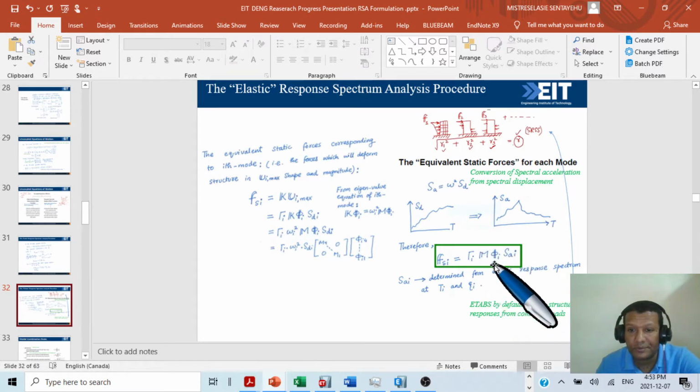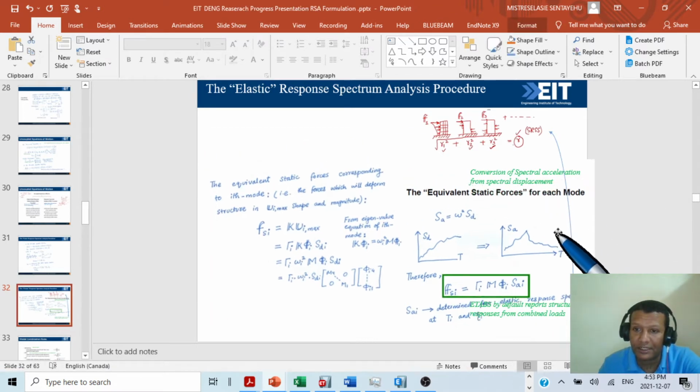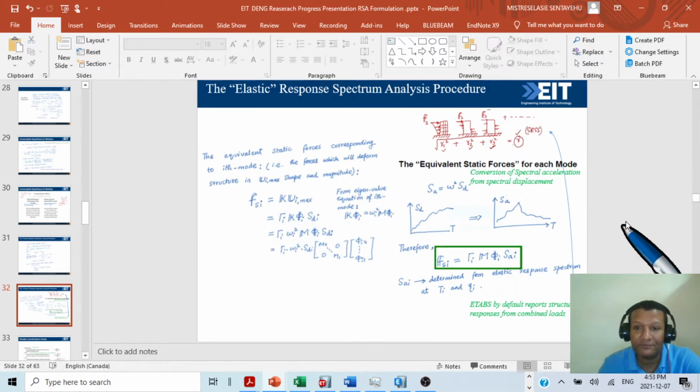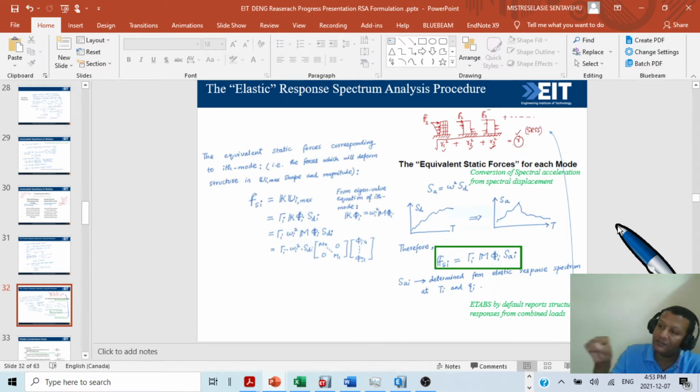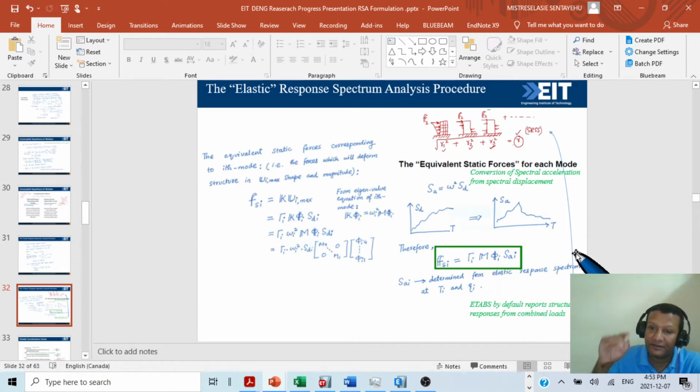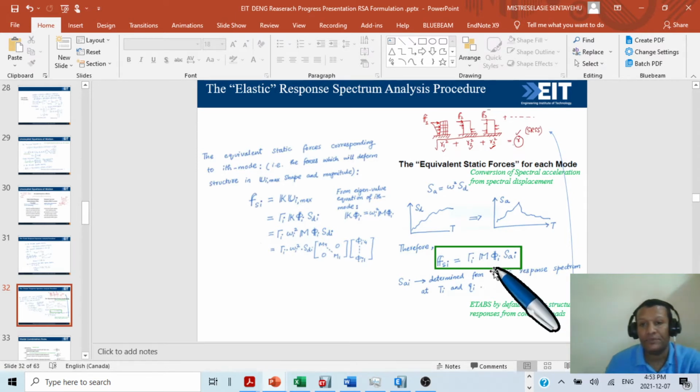The only thing which will change is phi, because if the first mode shape of our building is like this, then the first mode, second mode, third mode, fourth mode, the phi values will be different. Everything is constant; only phi will be different, because the time period and the mode shapes of the first, second and third modes differ. So for each floor it will go like this.